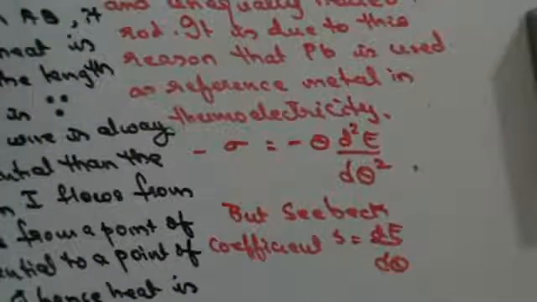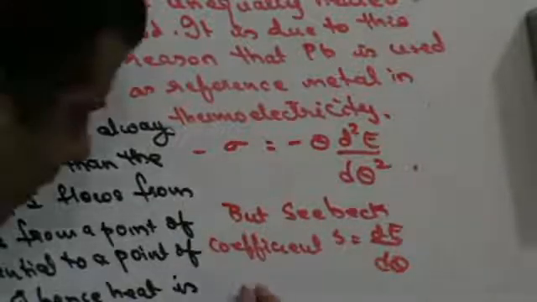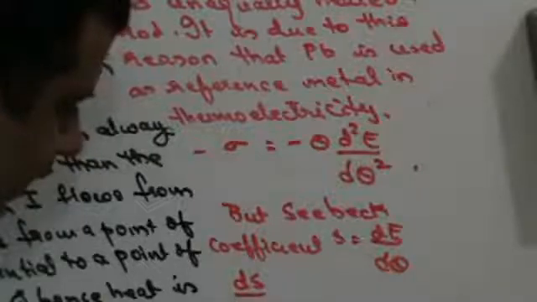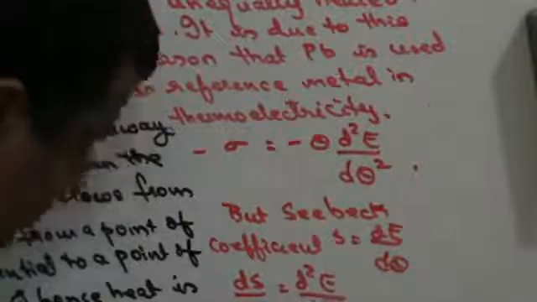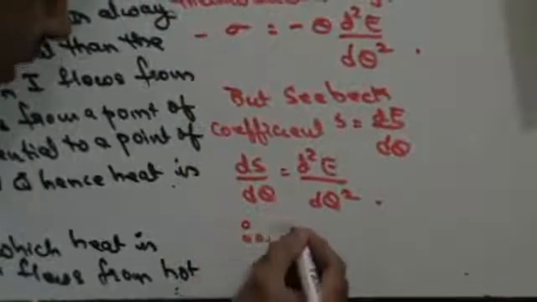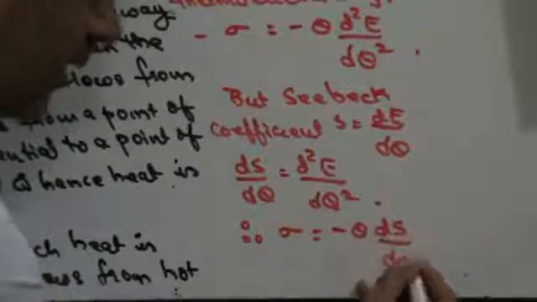If I differentiate this, I get dS by d theta is d square E by d theta square. Substituting this value, Thomson's coefficient is minus theta dS by d theta. So that's my relationship between Thomson's effect and Seebeck effect. Fine, do we get this?